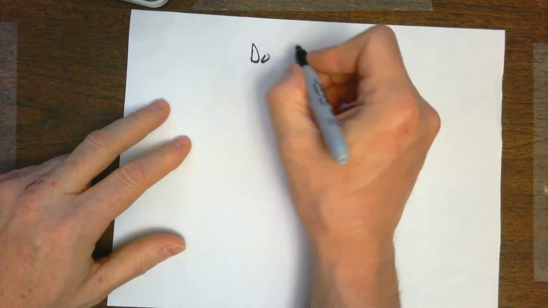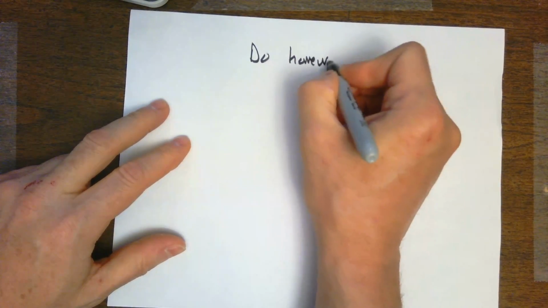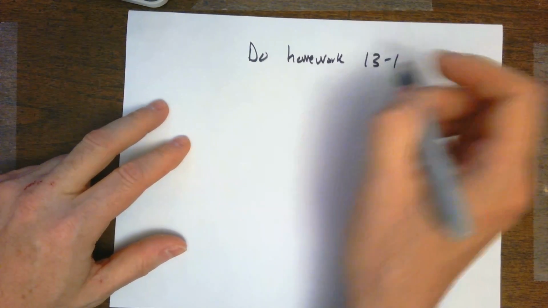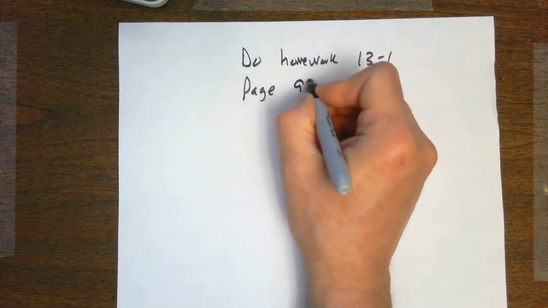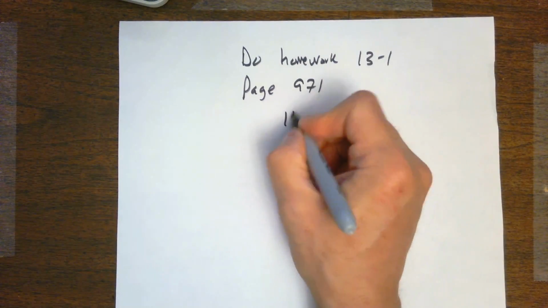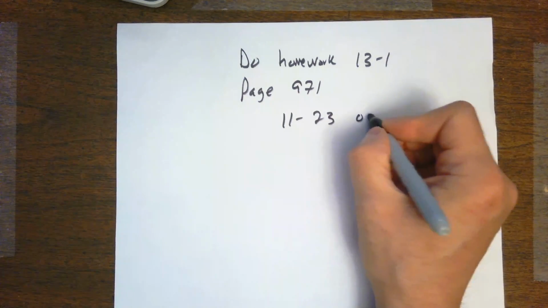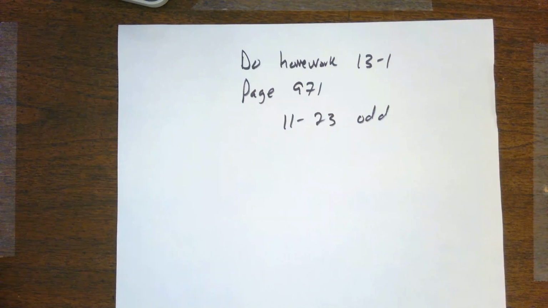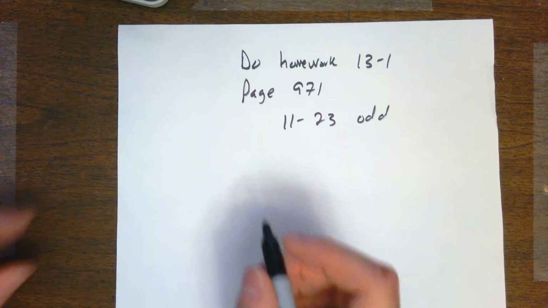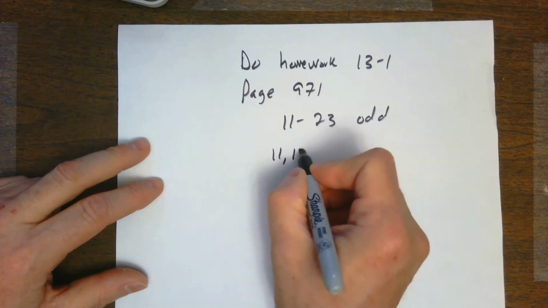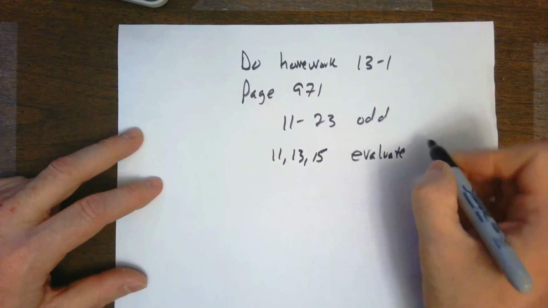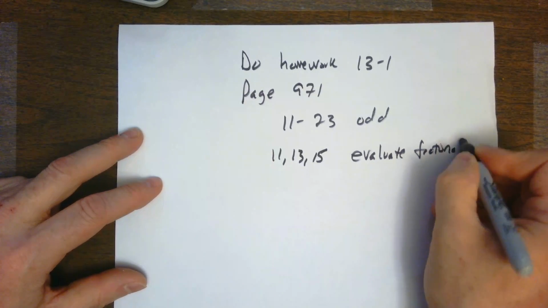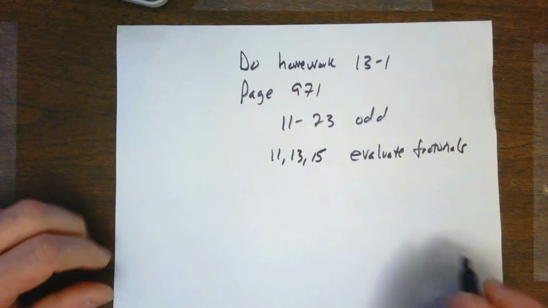So I want you to go ahead and do homework 13.1. It's on page 971, and I want you to do 11 through 23 odd. 11, 13, and 15, you're going to evaluate factorials, and you can do them on your calculator if you like, that's fine.